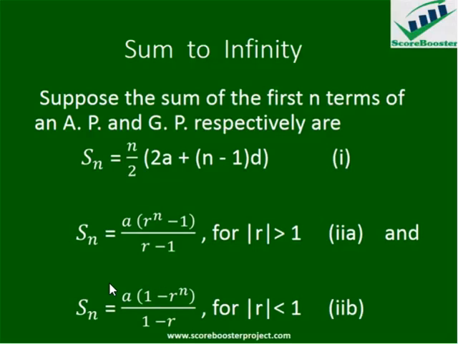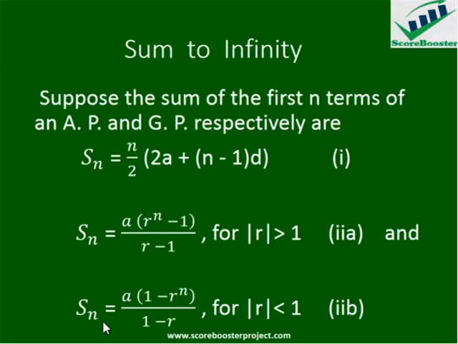So now here also we take an assumed value for a and r, and we also vary the value of n, and we see what happens to the value of Sn, if we can get the sum to infinity, and also what happens to r raised to power n. So now we take the value of a to be 2, the value of r to be half, and we test for the values of n, which are 2, 5, 7, and 10.